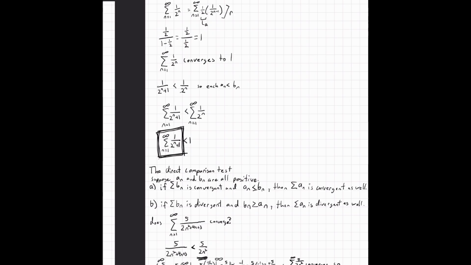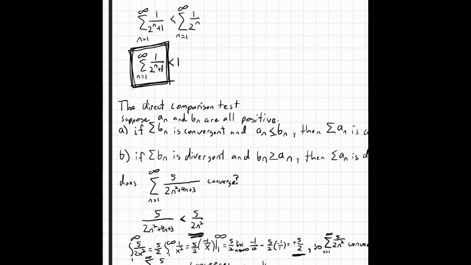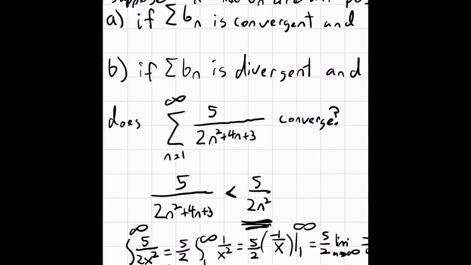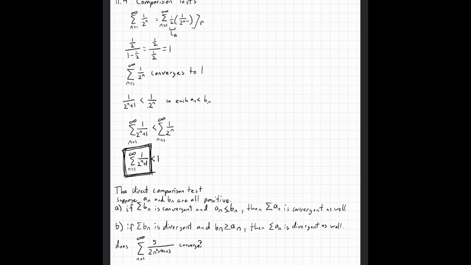Okay, so practically speaking, that's how this comparison test works. We see something that maybe we don't really want to use the integral test with, or maybe it doesn't look geometric enough, but we can compare it with something that we do understand, something we do have the integral test easily for, and we can determine if that converges, and make the same claim.